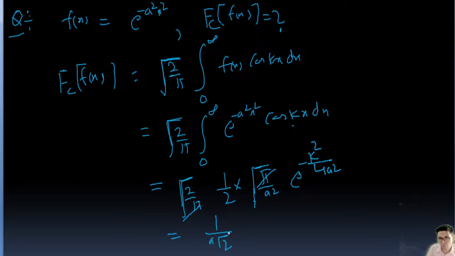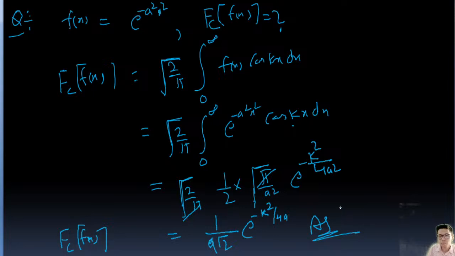So this Fourier cosine transformation of fx is going to be 1 upon a root 2, e to the power minus k square upon 4a. This is the answer, guys.